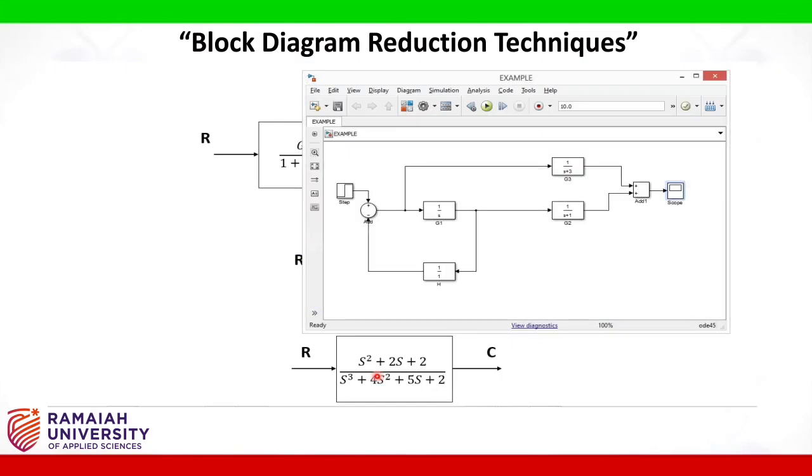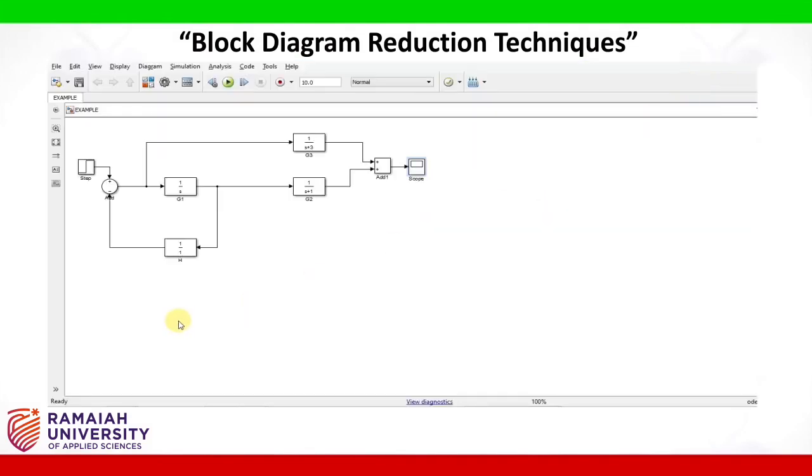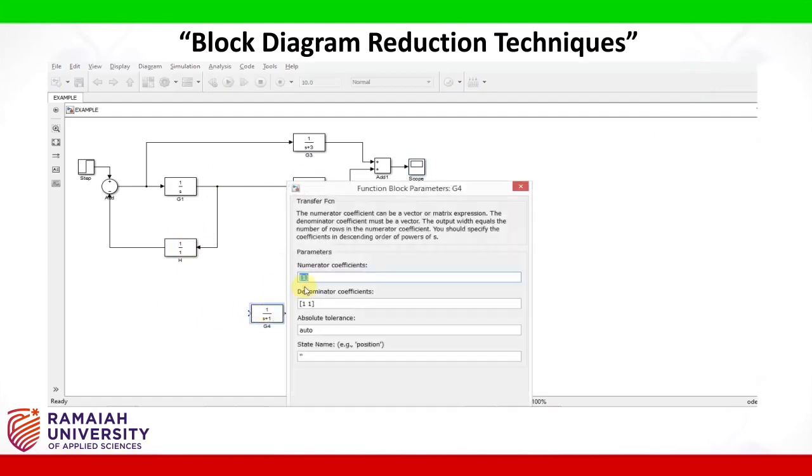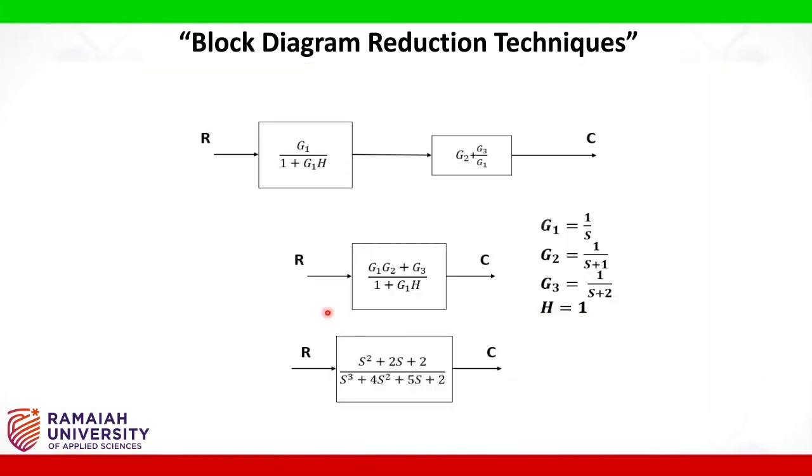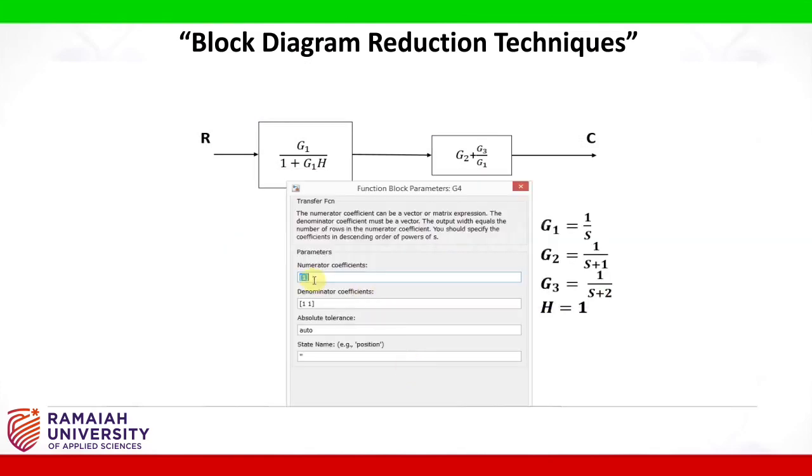Go to MATLAB. Now we'll take one transfer function block and change the numerator coefficients and denominator coefficients. So the numerator coefficients are 1, 2 and 2, that is 1 space 2 space 2.